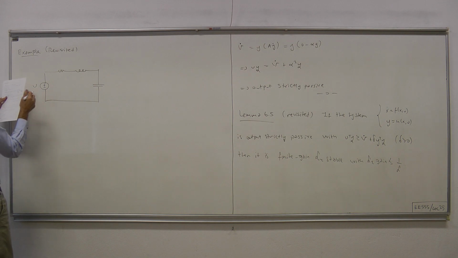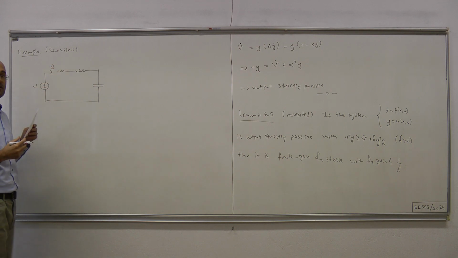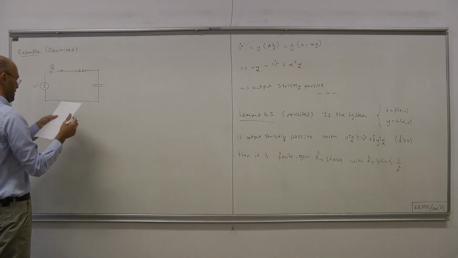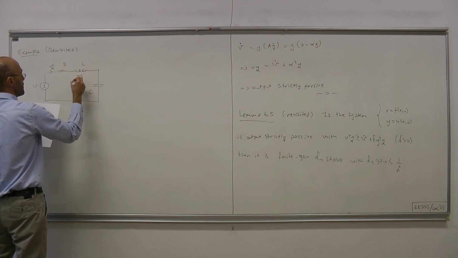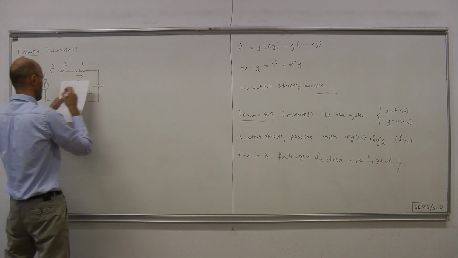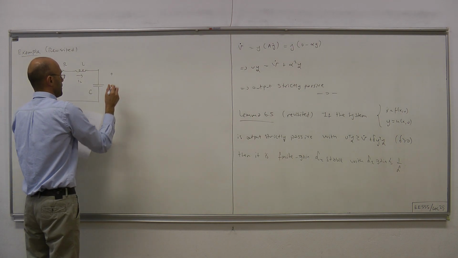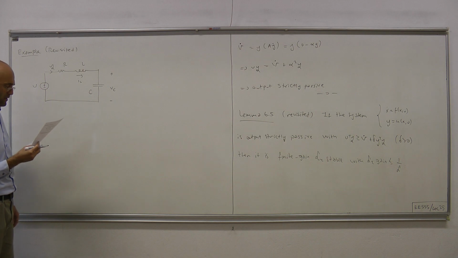This was the input voltage. This is the output, the current. R, L, C. The state variables were the inductor current and the capacitor voltage.